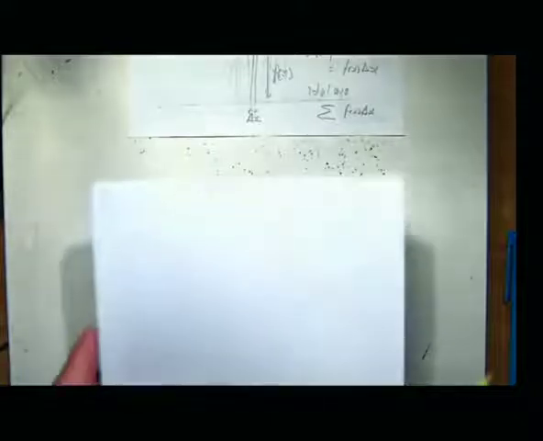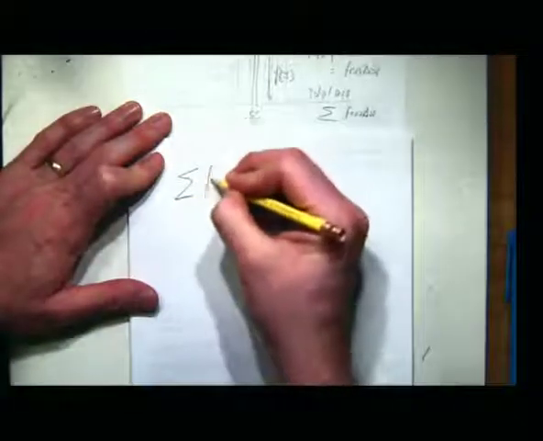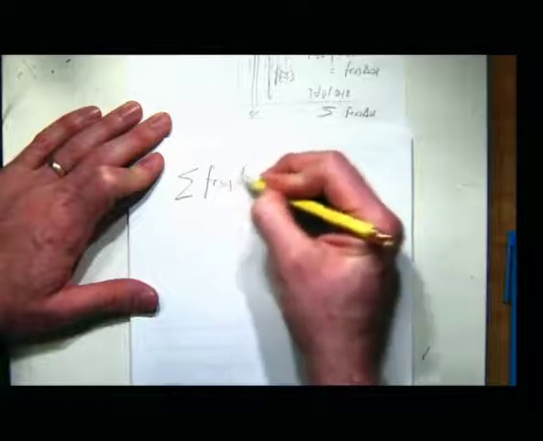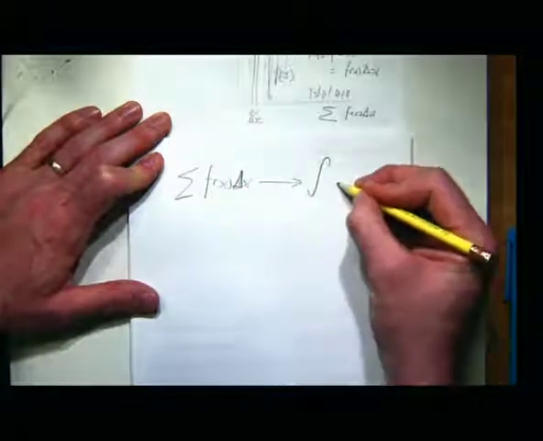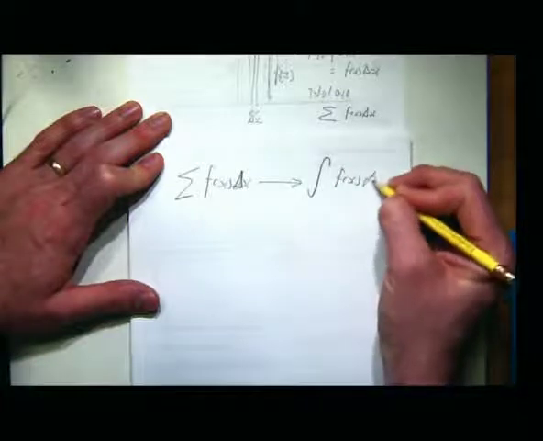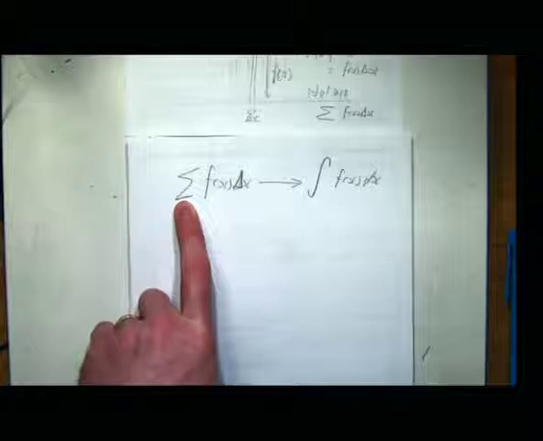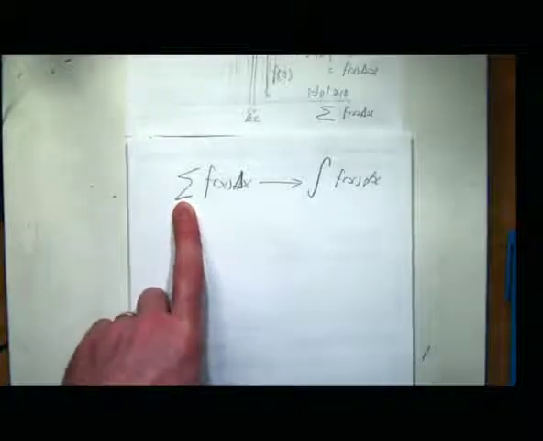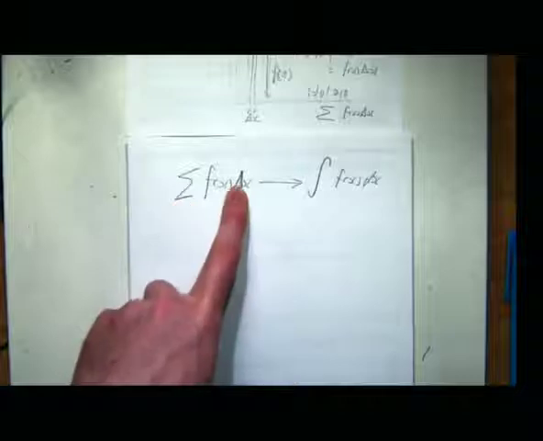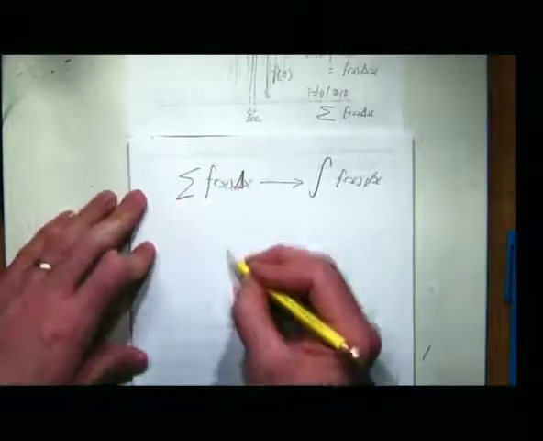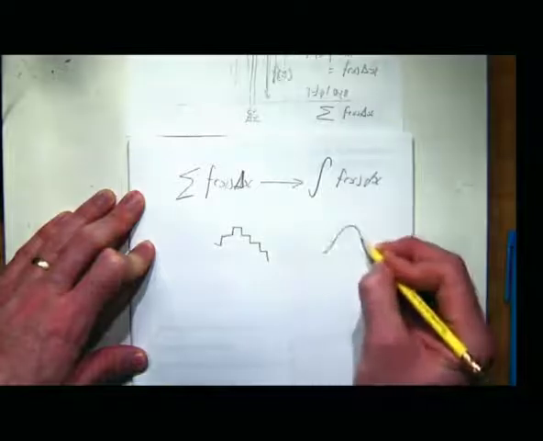And so delta x becomes a smooth dx. The capital sigma is the Greek sound for sum, and when you make these slices smaller, it goes from being something that's a little bit pixelated to something that's smooth.